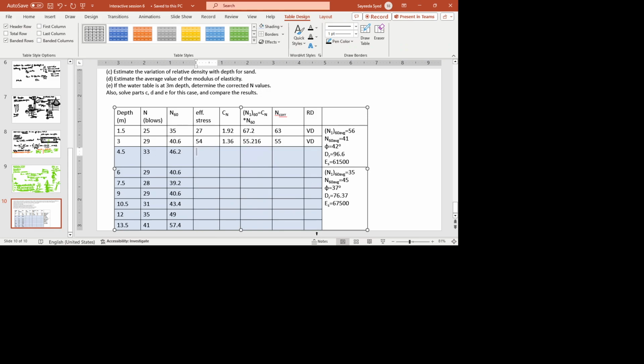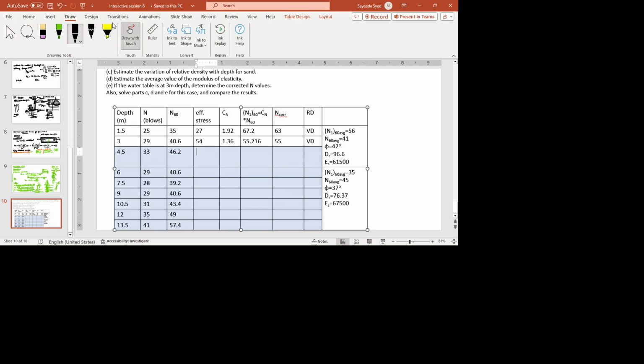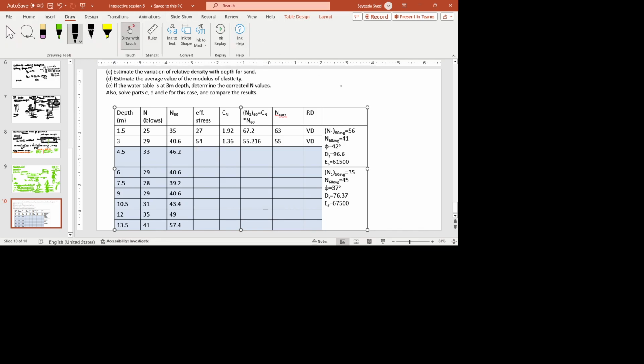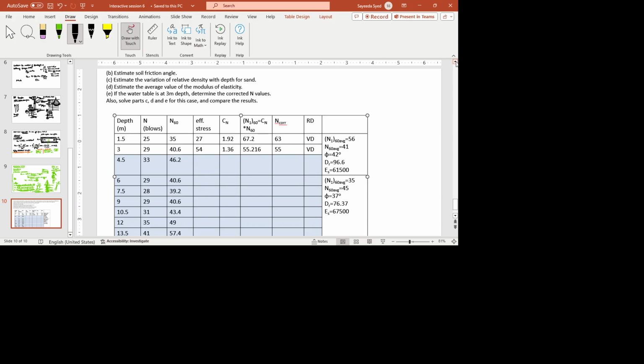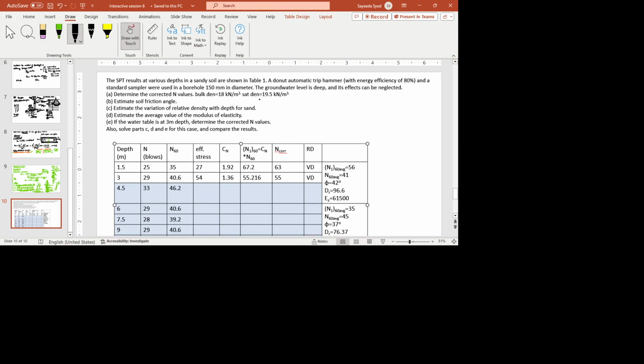So let's calculate the effective stress. Below the water table, we will not be using gamma saturated, we will be using gamma submerged. So our gamma saturated is 19.5.